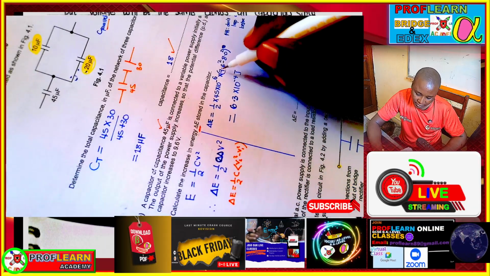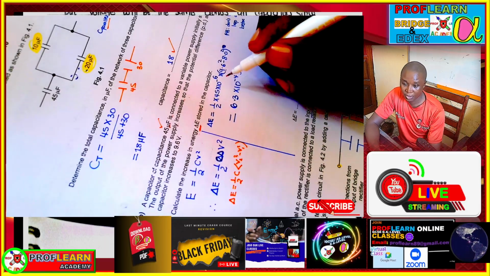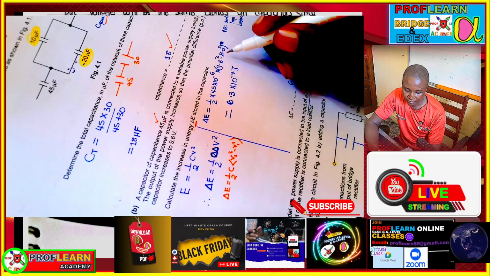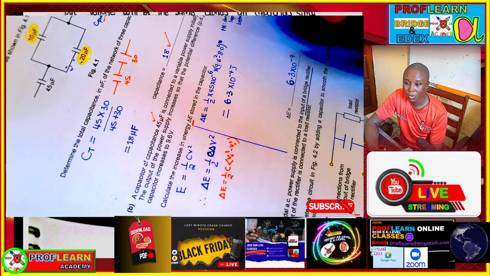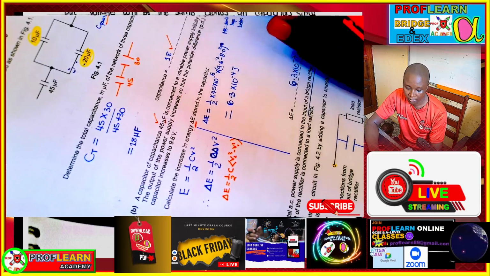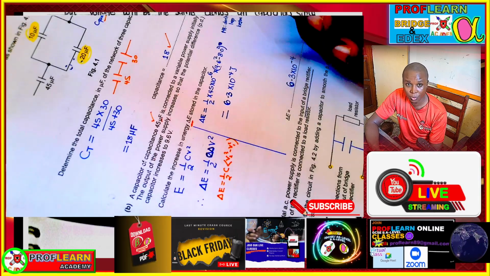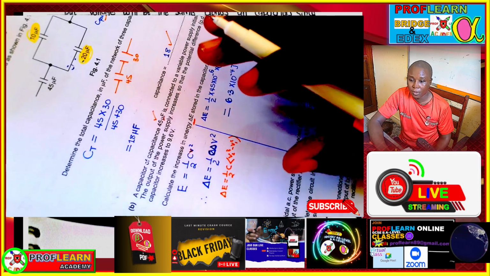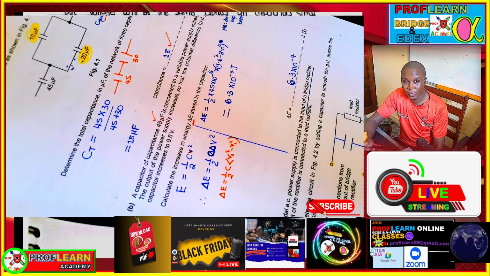That's why I said 1/2 times 45 times 10 raised to the power negative 6 times 9.6 squared minus 8.0 squared. Most of the students who will get this question wrong subtract the PD and then square. Remember, V squared is subtracted, so you cannot subtract then square. So you do it like that.